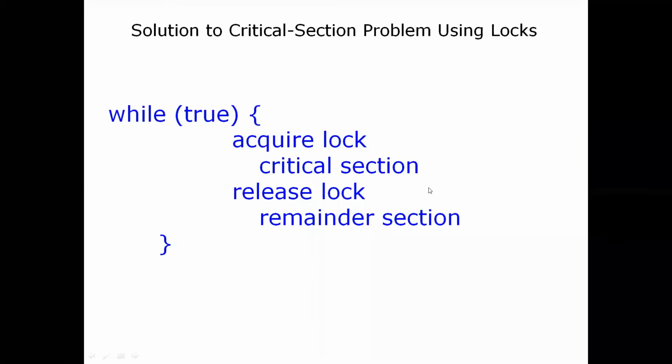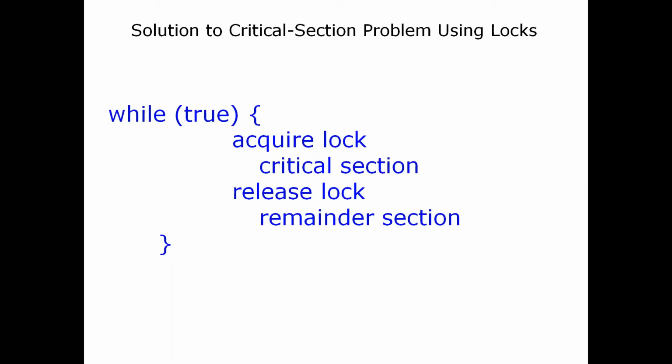The solution to the critical section problem using locks will be like this. While true, acquire lock. The process acquires the lock before entering into the critical section. The critical section contains the shared data items.